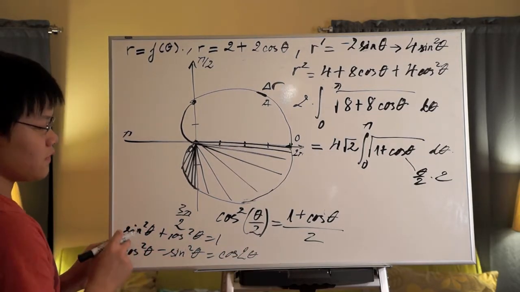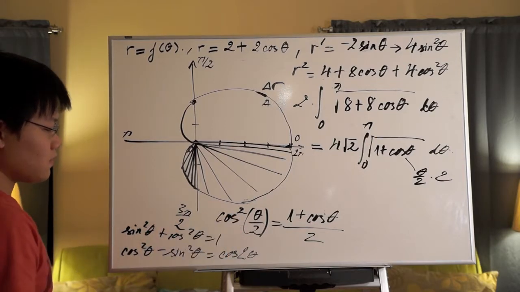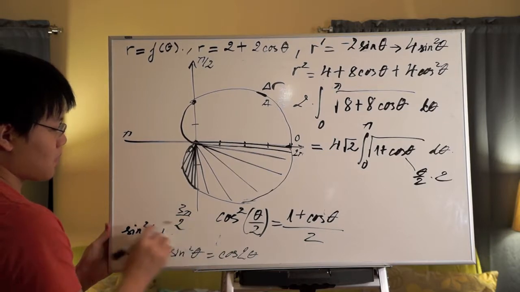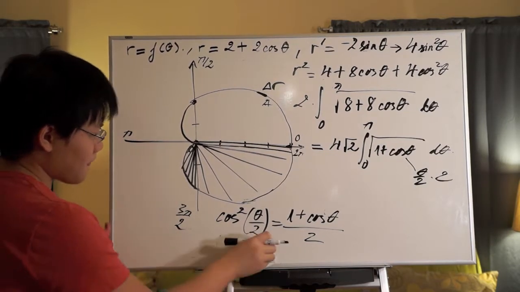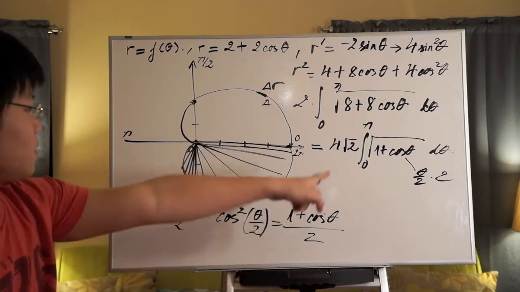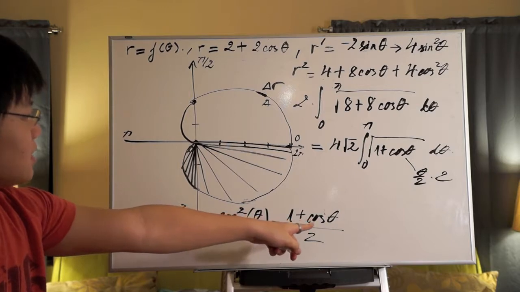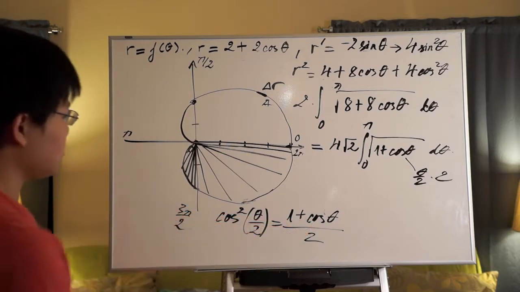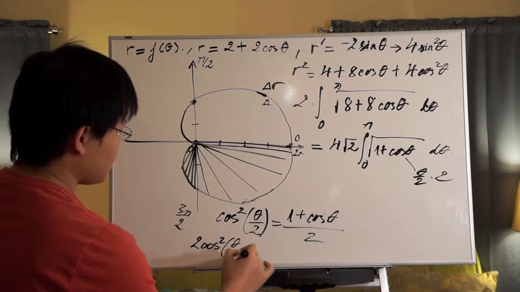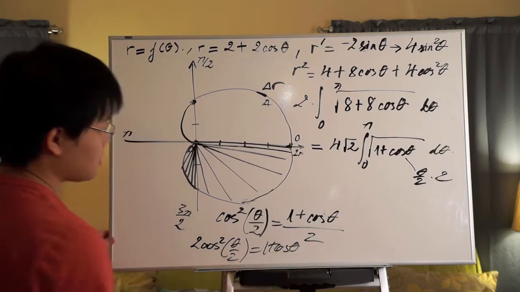Just add those two together. So we have 1 plus cosine theta equals 2 cosine squared of theta over 2.